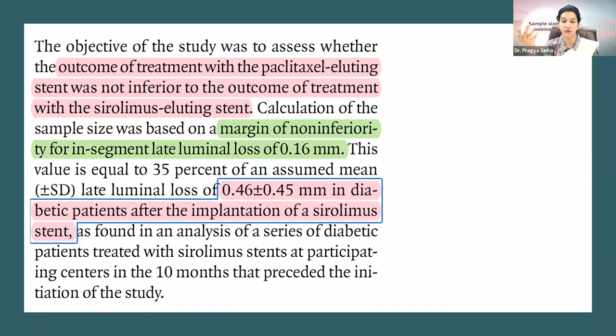Maybe with sirolimus there were some side effects or some cost issue. That's why he is saying that if it is non-inferior to sirolimus, then we can go for paclitaxel also.